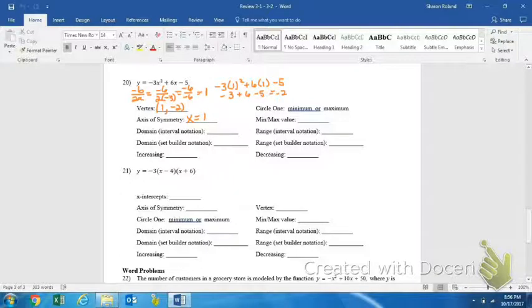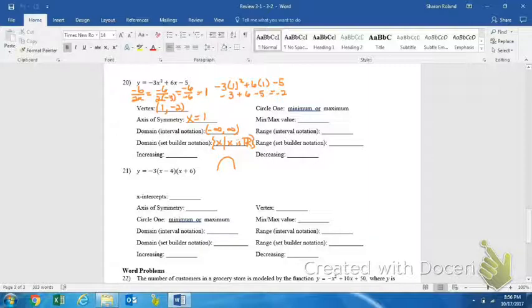Your domain, again in interval notation, goes from negative infinity to infinity. In set builder notation, it is x such that x is all reals. That is opening down, so I'm going to draw this when it opens down.